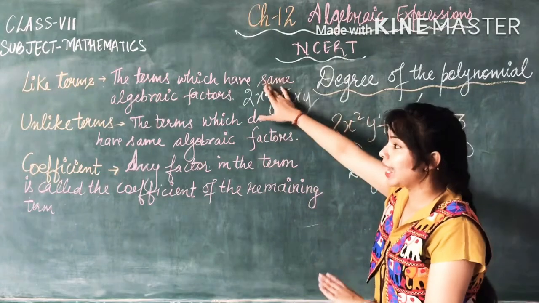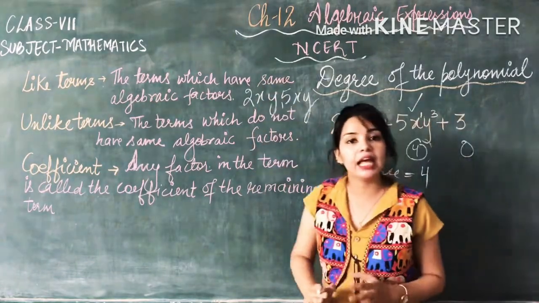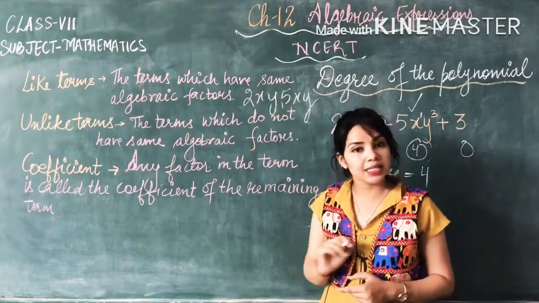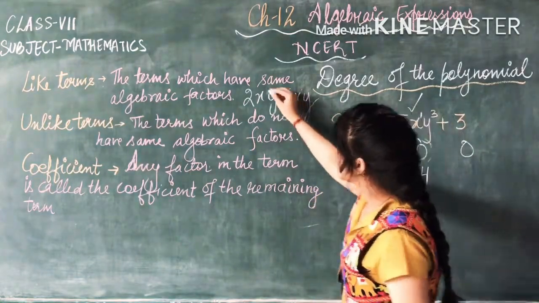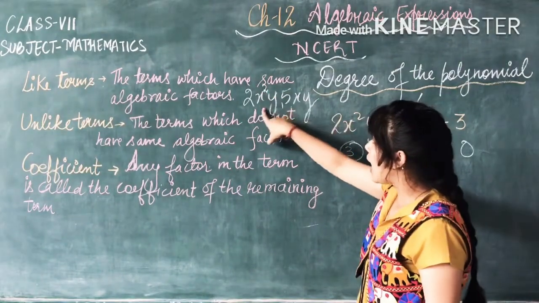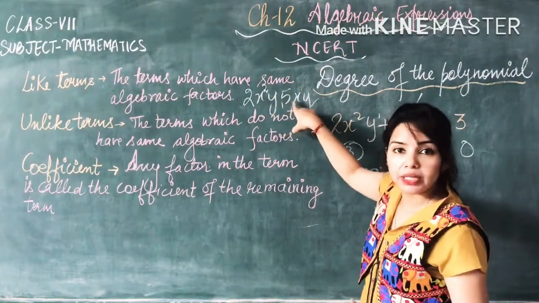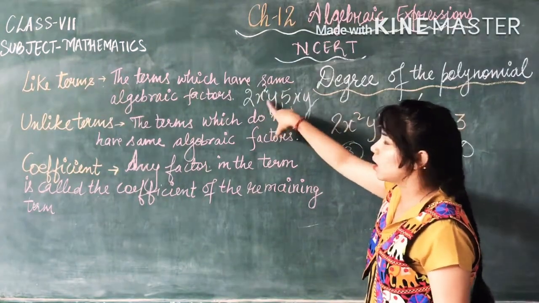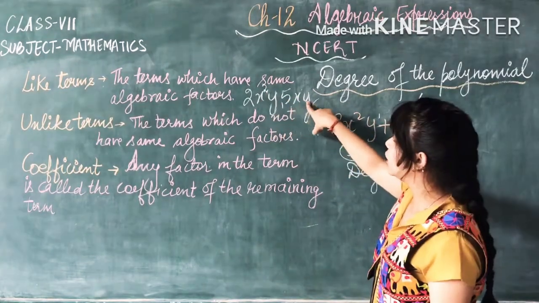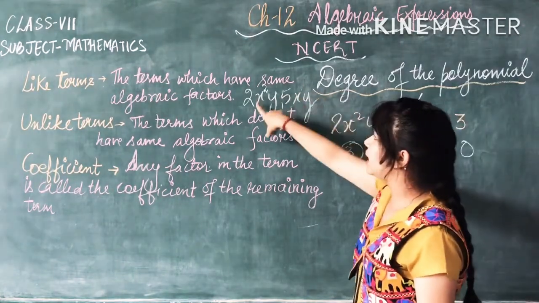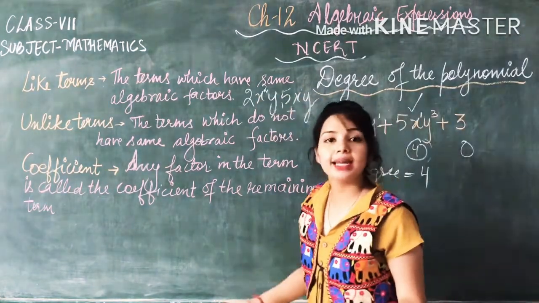This distinction between like and unlike terms is very helpful for us in addition and subtraction of algebraic expressions. Suppose I put x to the power 2 here. Are they still like terms? No, they are unlike, because here the degree of this term is 3 and the degree of this term is 2. Moreover, there is x to the power 1 and x to the power 2. So it is an unlike term.